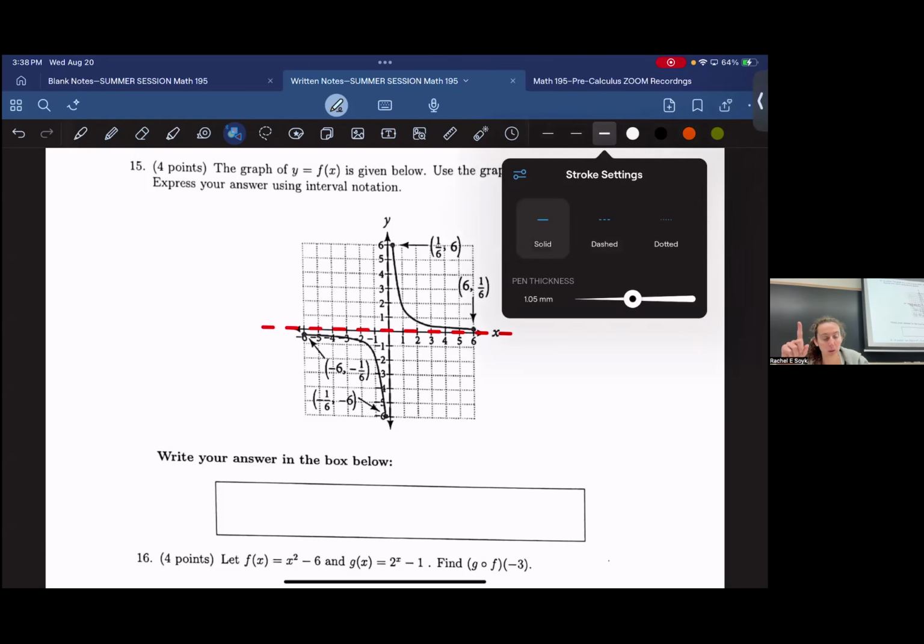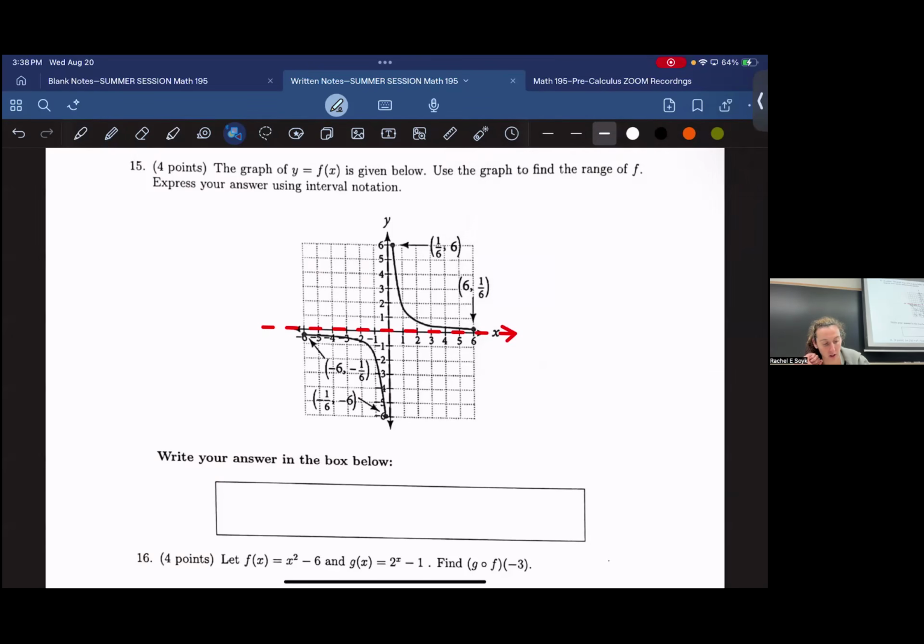So what's the only restriction? X can't equal 0 for the domain, and its range, y can't be equal to 0, because we have horizontal and vertical asymptotes at x equals 0 and y equals 0. But they're specifically just asking you to find the range. So our only restriction is y can't be 0, which means, yeah.